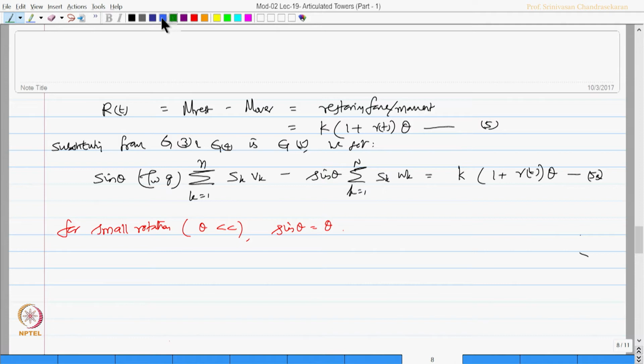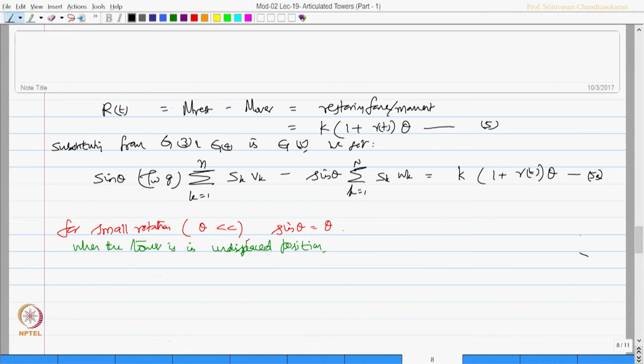Then when the tower is in undisplaced position, k will be equal to, because now in the above equation theta will get cancelled. Let us write down the equation for more clarity.